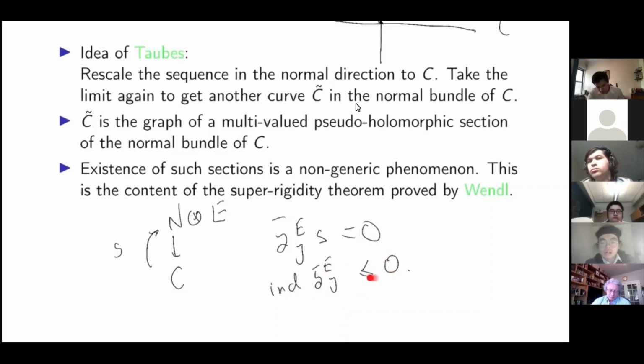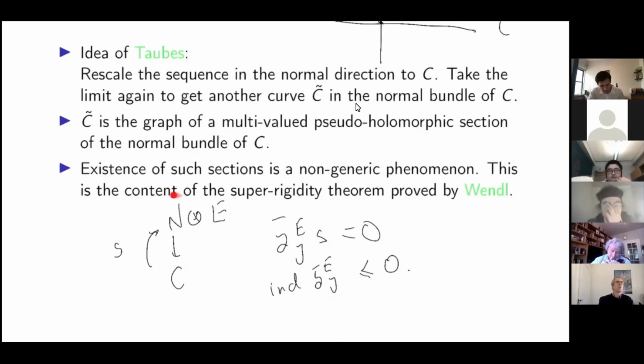So in particular, if the index is 0, then even though for a generic J you will not have any solution, for a J along a generic one-parameter family, you will encounter special J's for which this operator actually has a kernel. An element of that kernel will correspond to one of these multi-valued sections of the normal bundle. And by reversing the entire argument from a multi-valued section, you can produce J-holomorphic embeddings which collapse to a multiple cover.